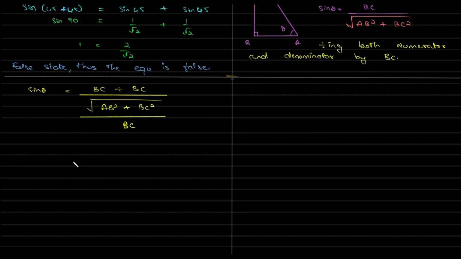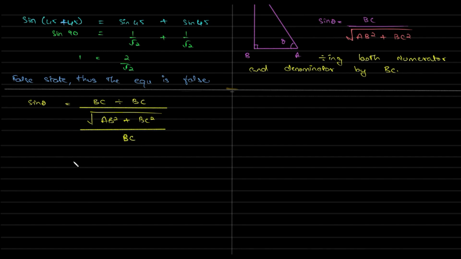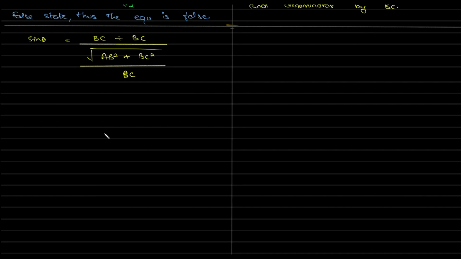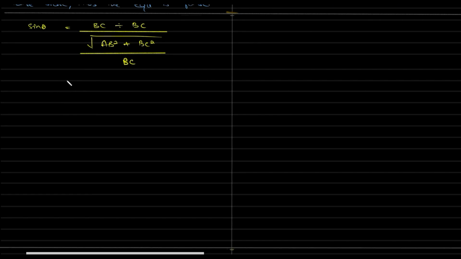Okay, so just pause and have a look at what we just did in version 2. It's not too hard, but still have a look, right? So the numerator becomes 1. So sine theta is equal to 1 divided by, and the denominator, I'm going to do something weird over here.